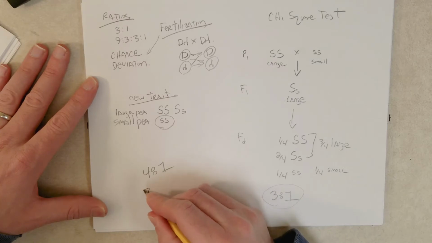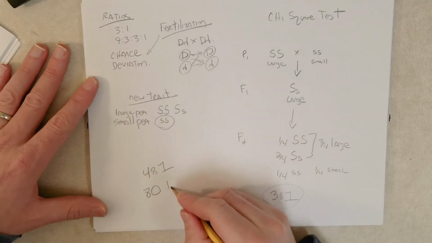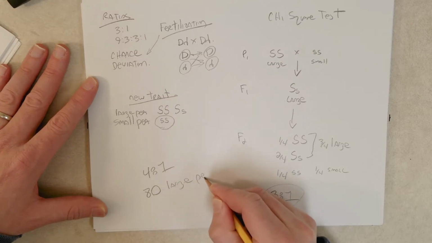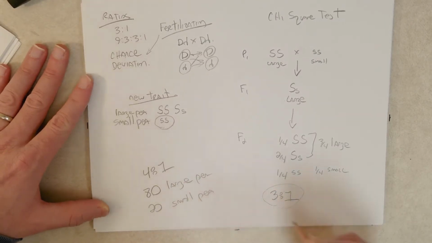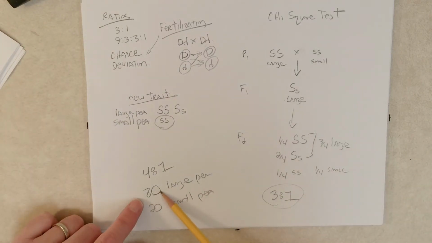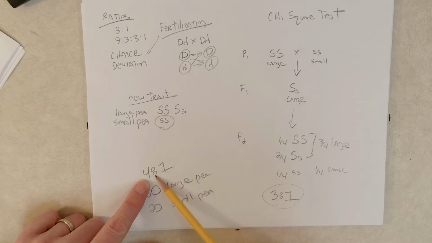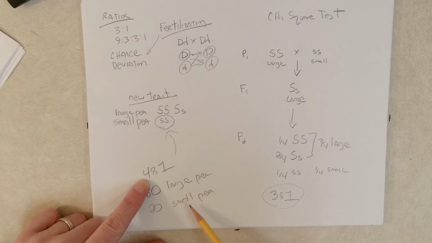Let's say we only have a small sample of offspring: 80 large peas, 20 small peas. So we need to know if this 4-to-1 ratio deviates so much from 3-to-1 that our hypothesis cannot be true.